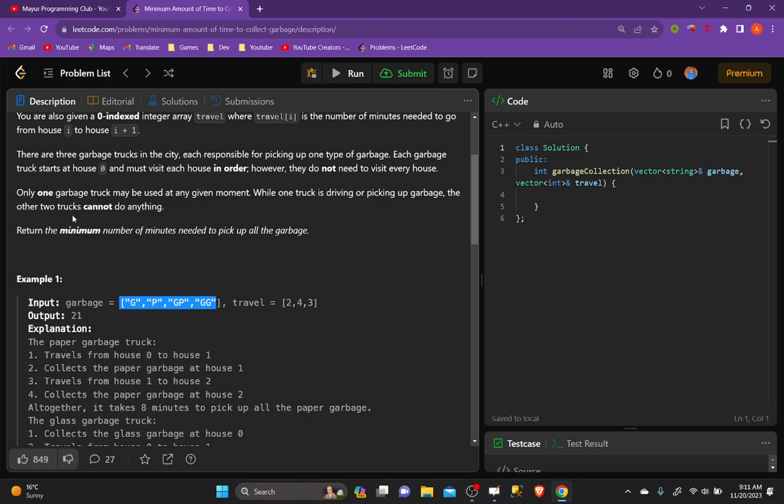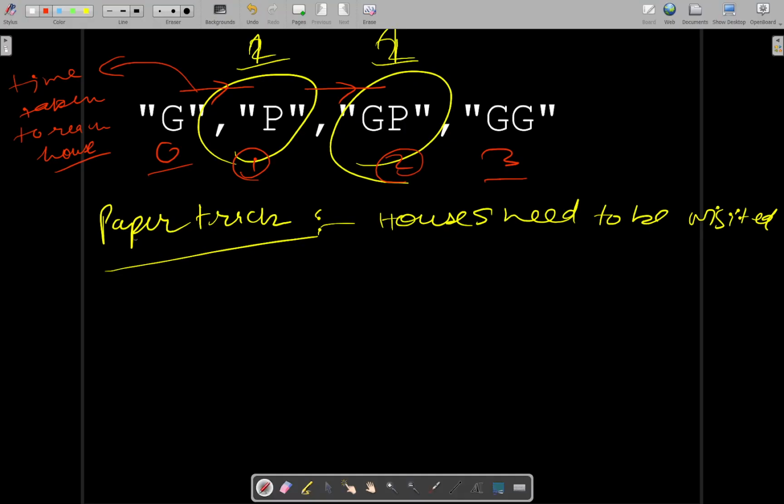Only one garbage truck may be used at a given moment. So it cannot be the case that, let's say paper garbage is denoted by blue, and metal garbage is denoted by green, and then what was another one?